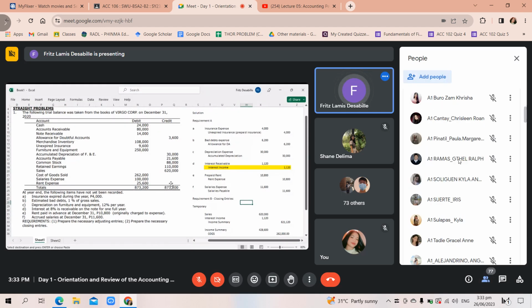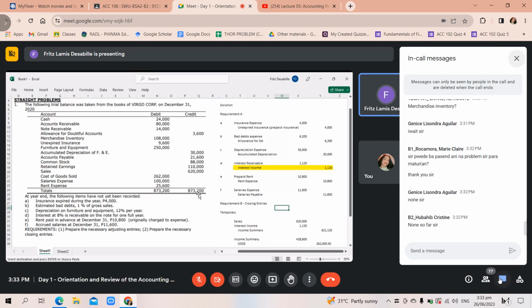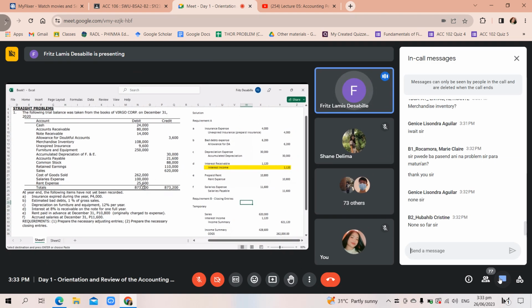That is the point of the trial balance: the debit equals the credit. It is a tool wherein we can check the correctness of our entries. If it doesn't balance, we discover the error through making the trial balance.